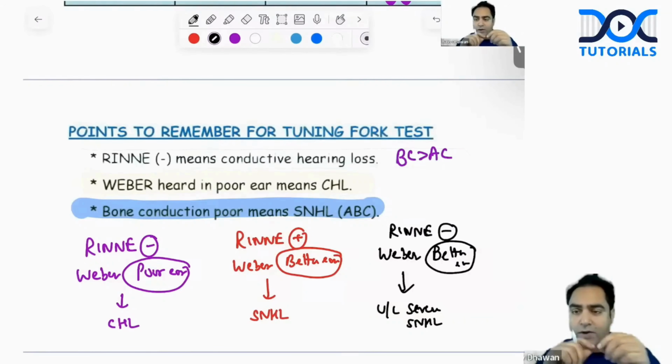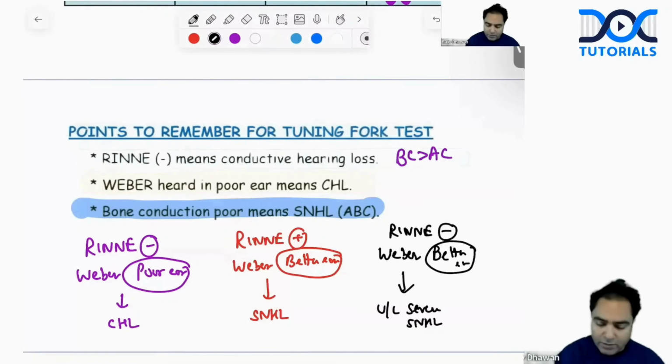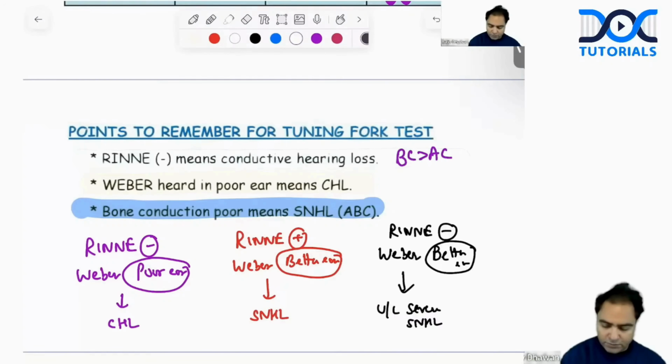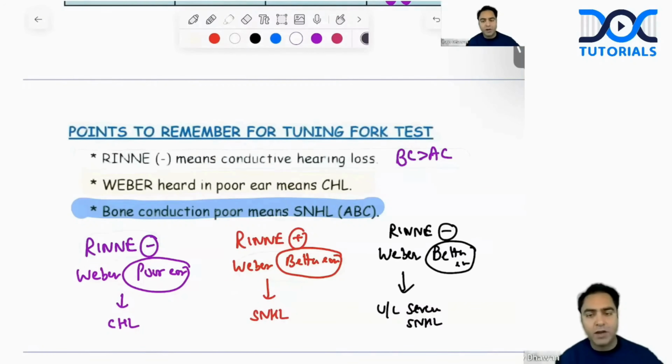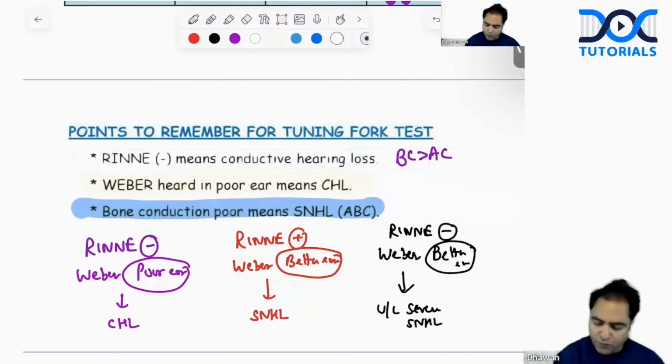If Rinne is positive and Weber is heard in the better ear, it's sensory neural hearing loss. But if Rinne is negative, which means conductive hearing loss, and Weber is heard in the better ear, which means SNHL, then please mark the answer unilateral severe SNHL, because this is a situation of false negative Rinne.